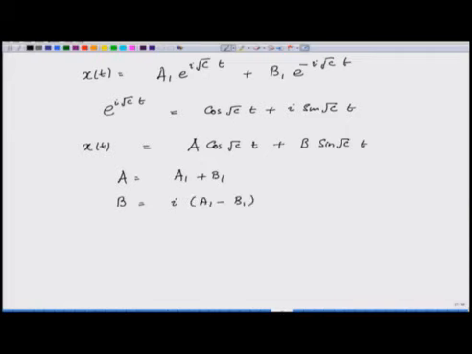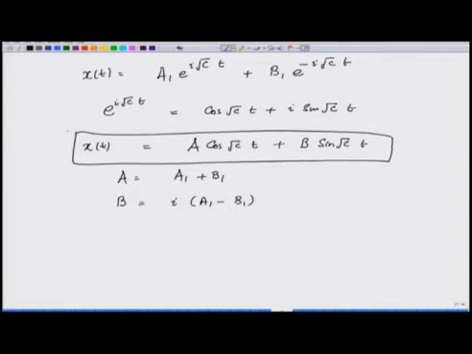So, I can write the solution. I have given you a mathematical way of getting the solution. This also teaches you something interesting. If c is negative, okay, that means the force is proportional to displacement, but no minus sign here. Notice no minus sign here.